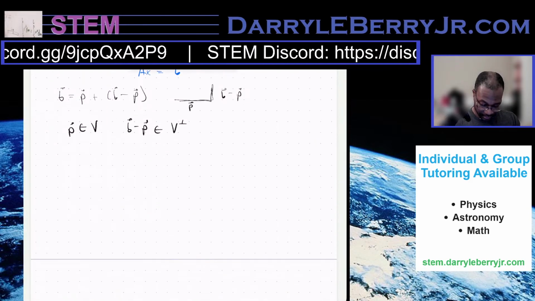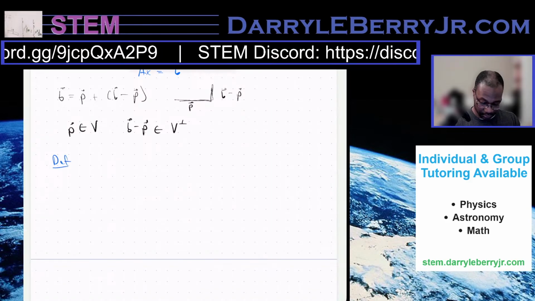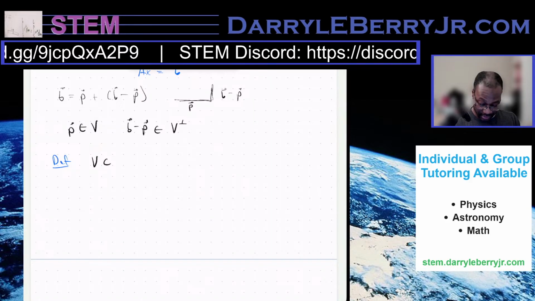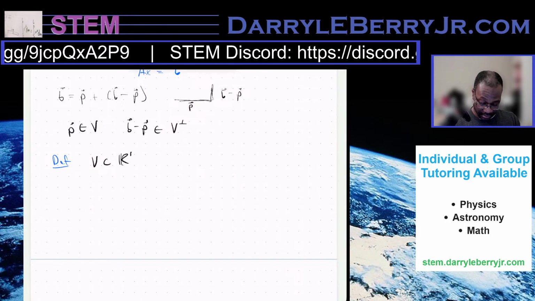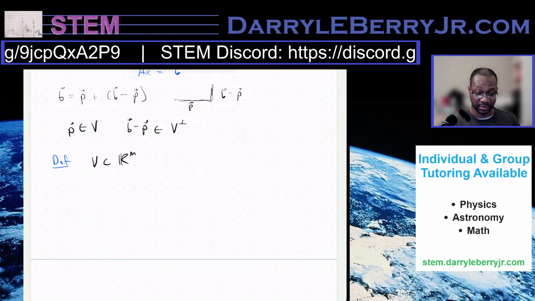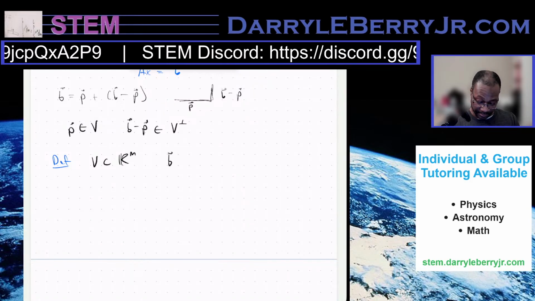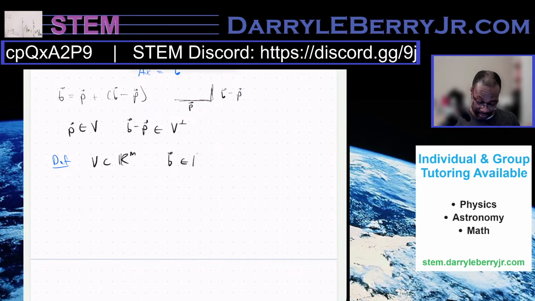So definition, V is a vector space in Rm, a subspace, meant to say, and B is in Rm.